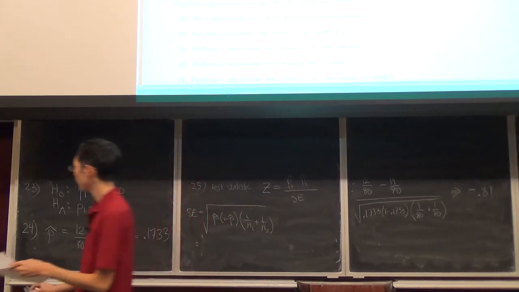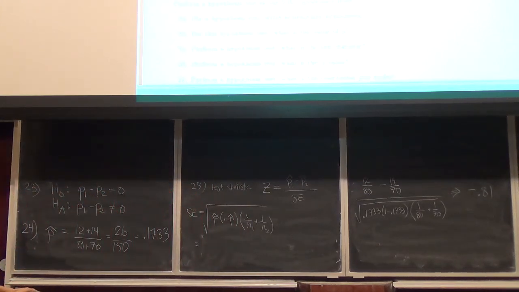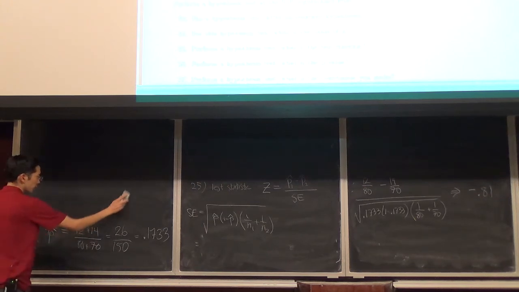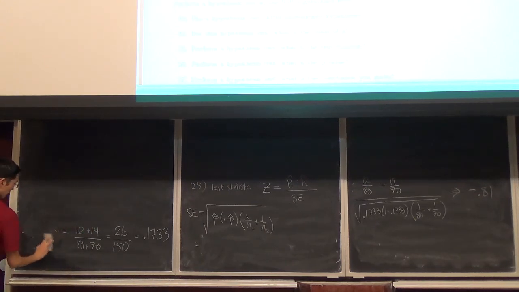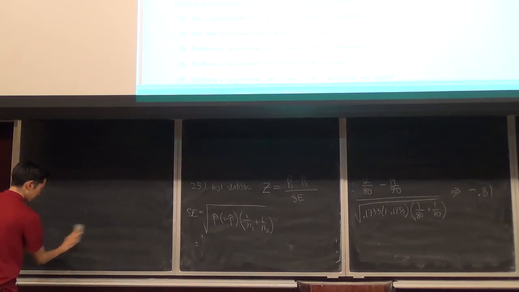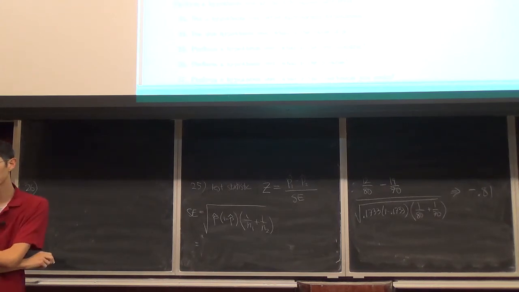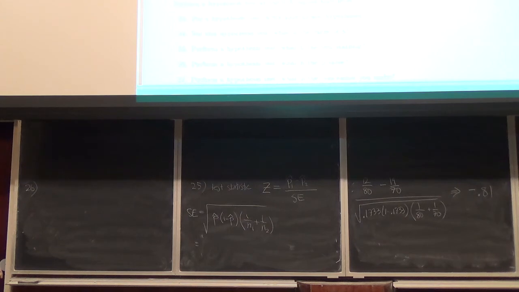So we want to know what our p-value is. 26. What is the p-value? Okay, so do I go to my Z table or T table? Z table. We're dealing with proportions, so we use the Z table.